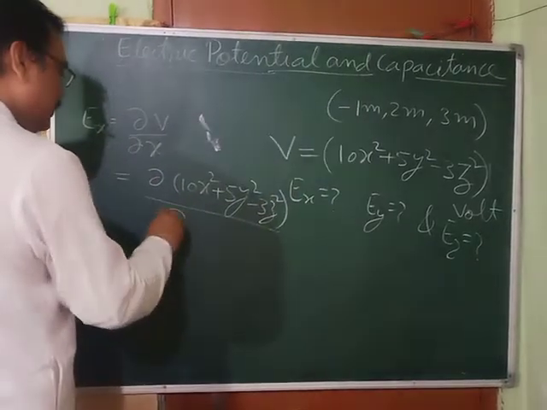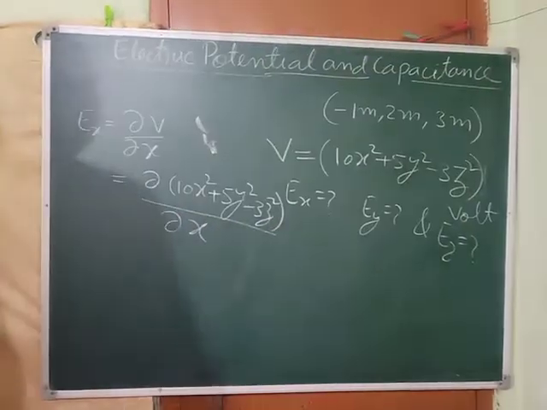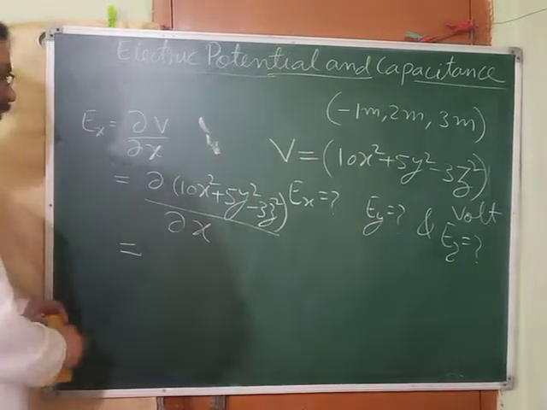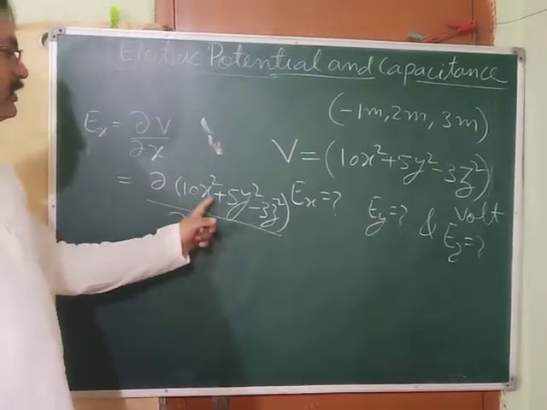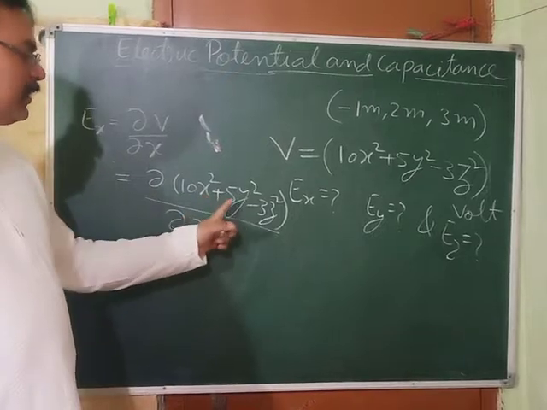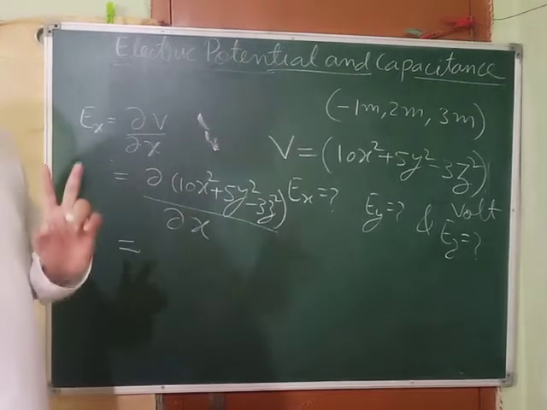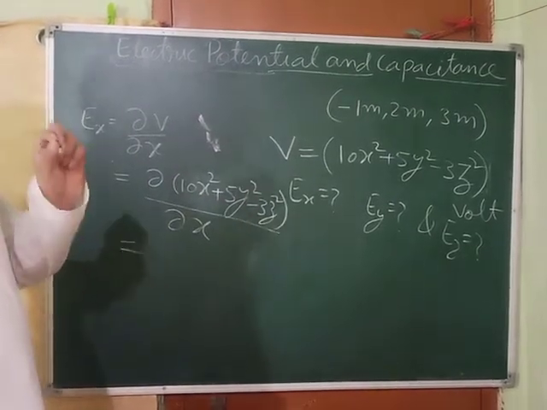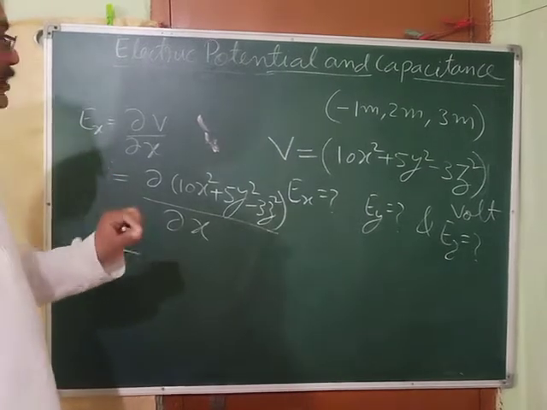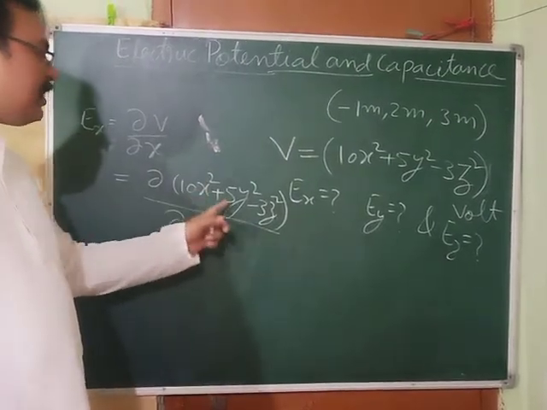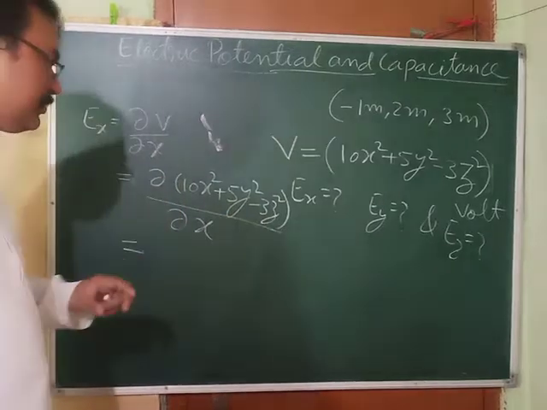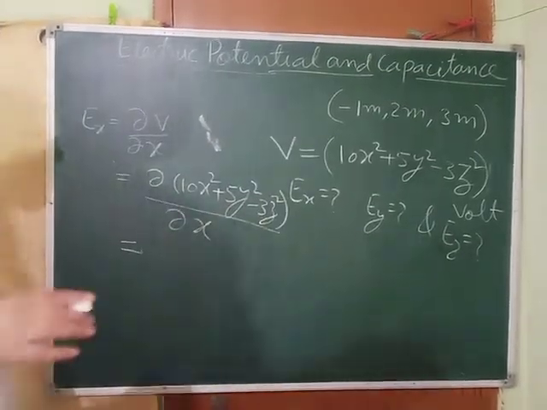This by dx. Now, what we will do, see here, wherever x is there, that will be variable. Other y and z we have to take as constant. That's the meaning of partial differentiation. Partial differentiation means other than x, other things you have to take as constants. Okay, so y and z are going to act as constants.